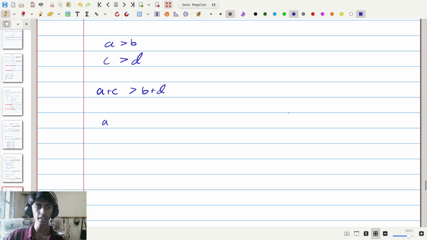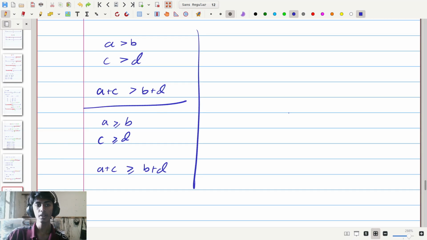Similarly, if we have a greater than or equal to b and c greater than or equal to d, this can then be used to imply that a plus c is greater than or equal to b plus d. However, if we have a greater than b but c greater than or equal to d, then, as with the other properties, if we have a chain where any link of the chain is not equal to the rest of the links of the chain, then we have an issue.